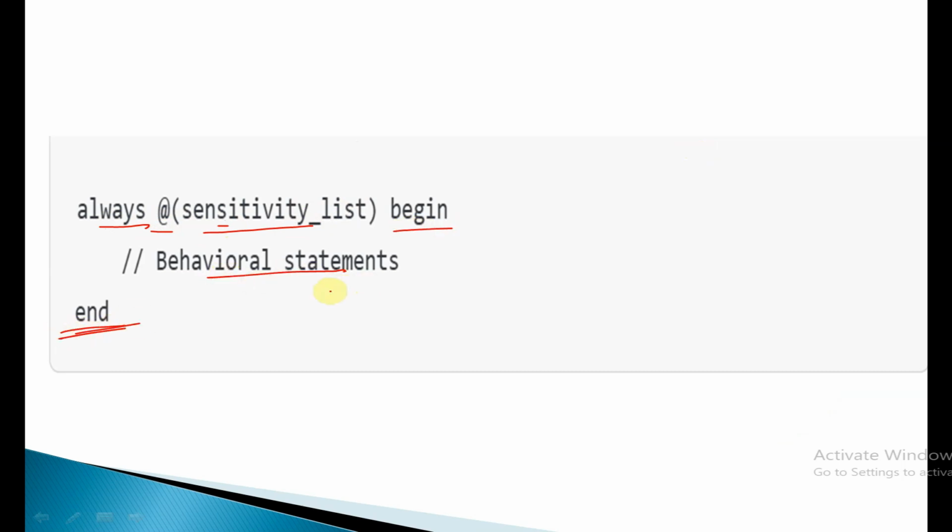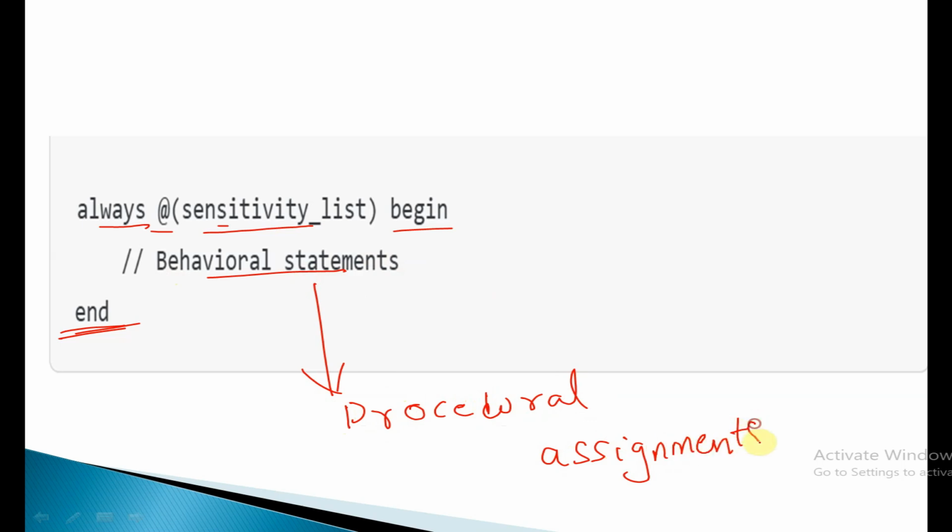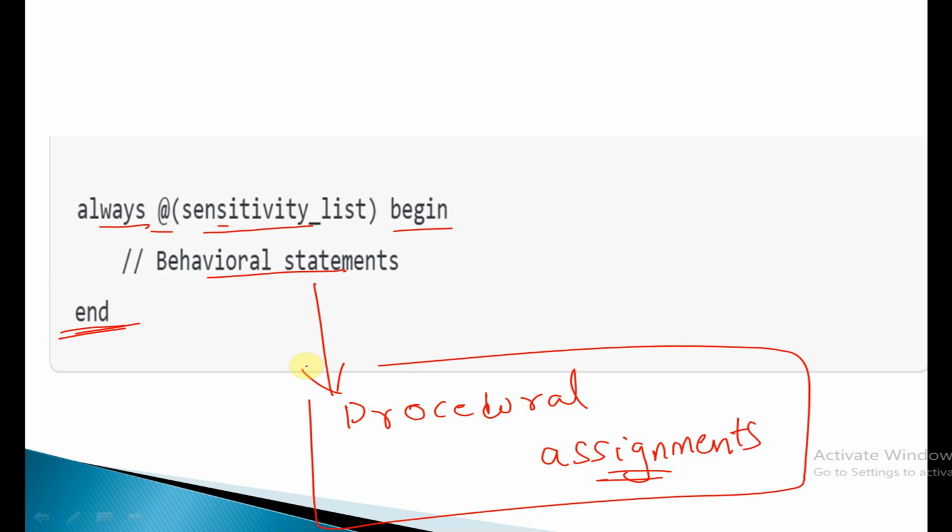The assignments which we declare inside this always block are known as procedural assignments.